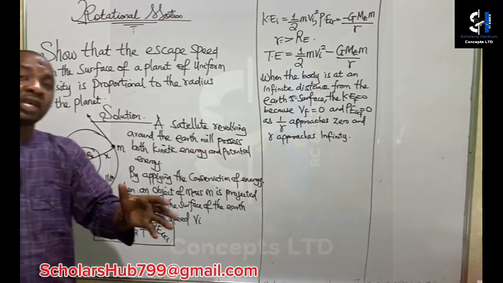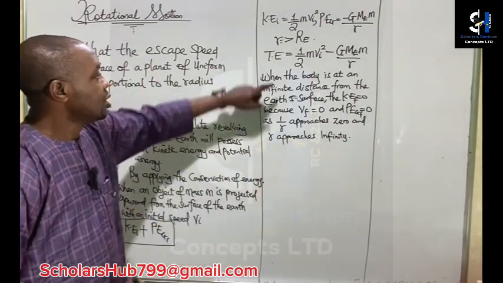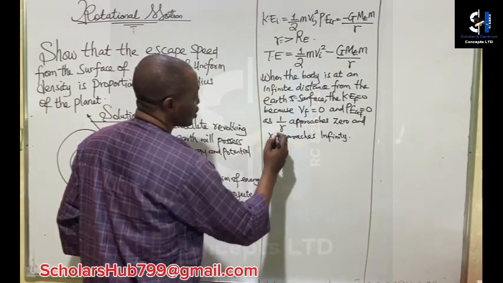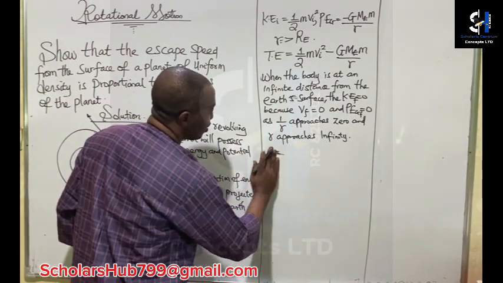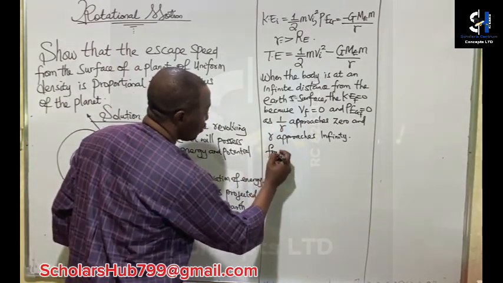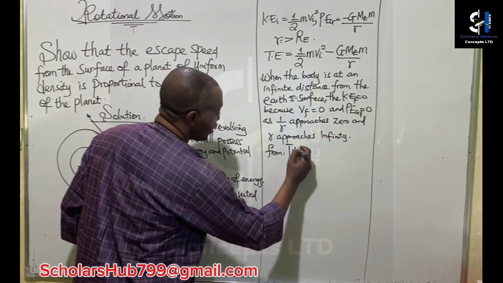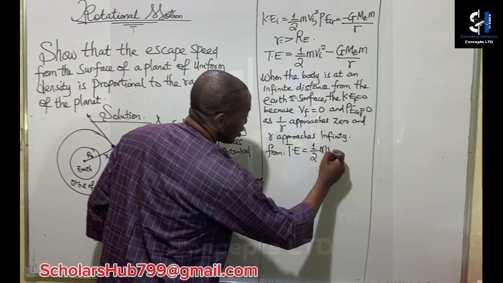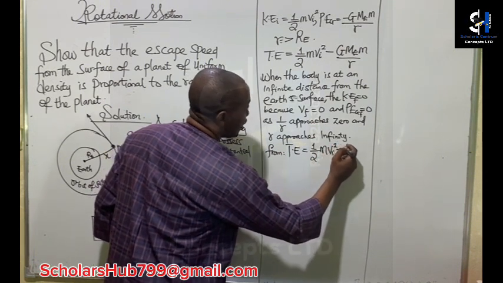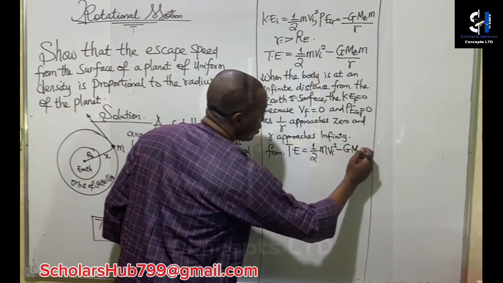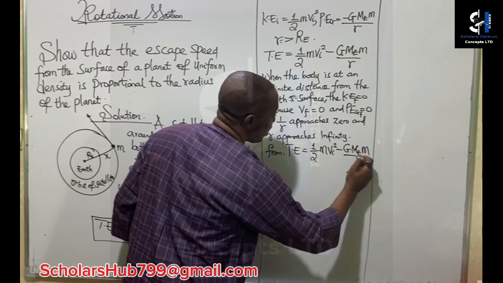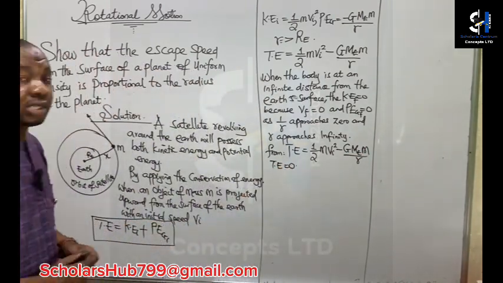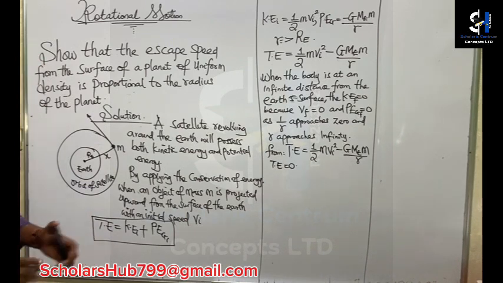When the satellite leaves the orbit of the Earth, the total energy will be equal to zero. So the total energy, 1/2 m vi² minus G Me times m over r, equal to zero means that the satellite leaves the orbit of the Earth.